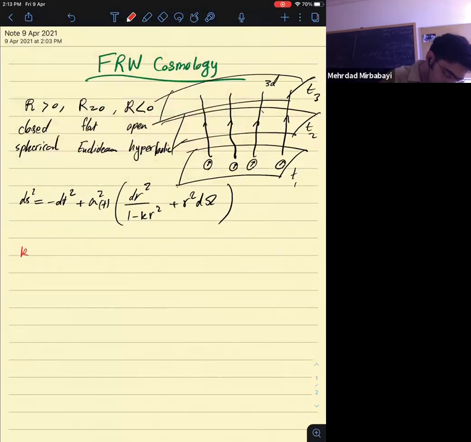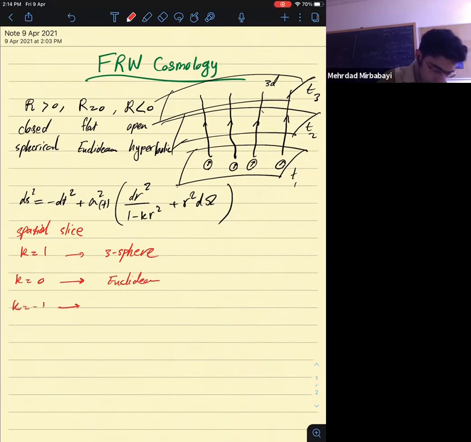So if K is equal to 1, we recognize this as the metric of a 3-sphere. If K is equal to 0, then we are Euclidean, and then K equals -1 corresponds to hyperbolic, a hyperboloid.